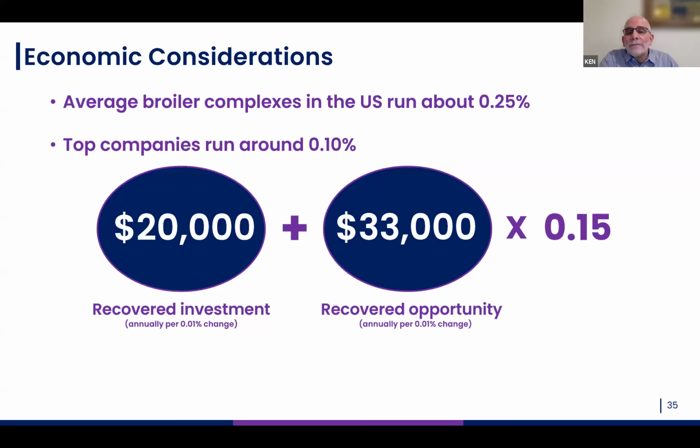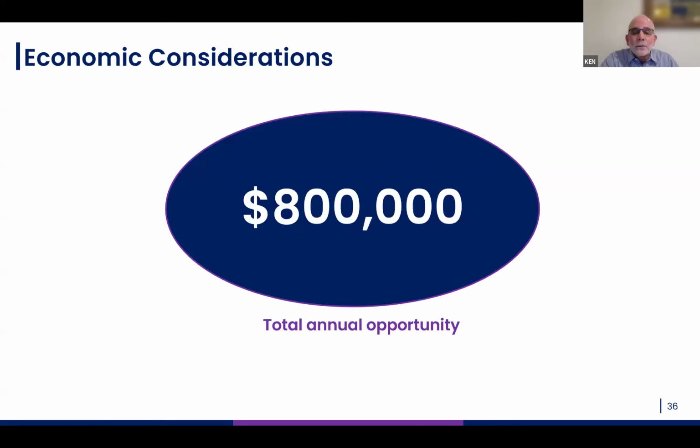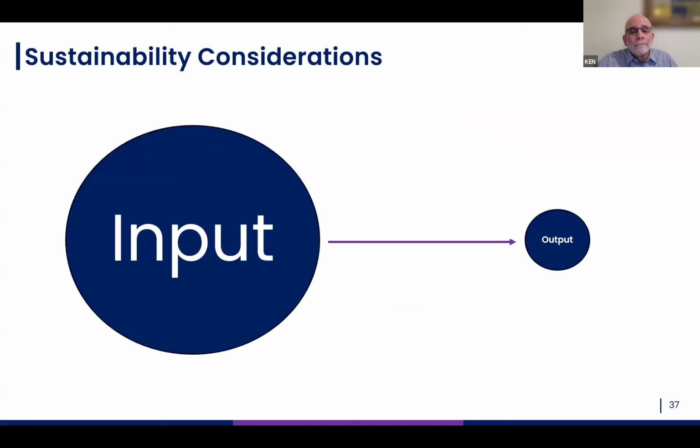So that 0.15 difference represents, and again, that's 0.15 times that $20,000 in lost investment and the $33,000 per 0.01% in lost opportunity, that total opportunity to get from average to top company is $800,000 a year. And so there should be economic incentive to improve this. Of course, this is a welfare talk, but I share this with you because if you really want to get operations people behind welfare, you can show them this kind of number, and I guarantee you their interest in the problem will go up.